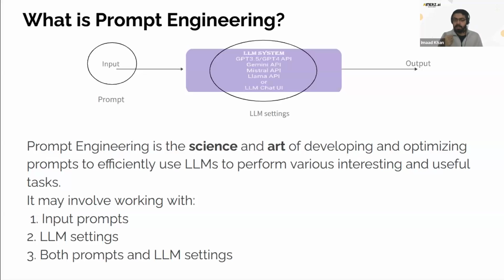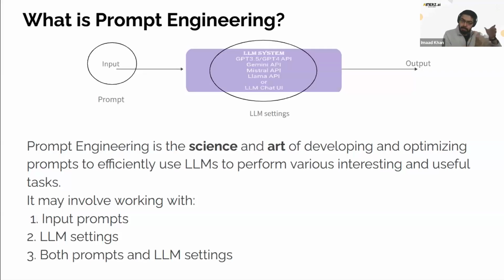So it is essentially the science and art of developing and optimizing prompts to efficiently use your LLMs to perform various interesting and useful tasks, right? And these tasks vary from people to people. It may involve working with input prompts, LLM settings, and both prompts and LLM settings. And this is what I already set the stage up for when I spoke about this in the previous slide.